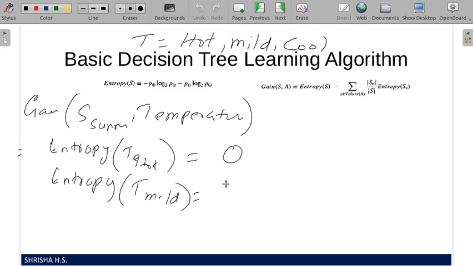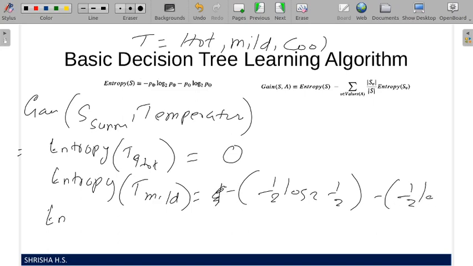We have one yes, one no. If equal numbers of positive and negative examples are there, the entropy is 1. If we calculate, minus 1 by 2 log 2 of 1 by 2, minus 1 by 2 log 2 of 1 by 2, which is equal to 1.